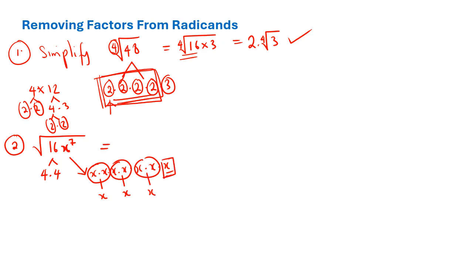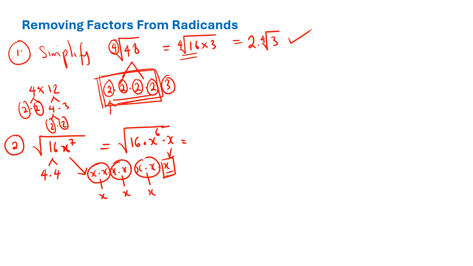So what I'm going to do here is to now rewrite the expression to look like 16, which is the perfect square number, times x to the sixth power. You know, x times x times x times x times x times x is x to the sixth power, times the single x that I have here.